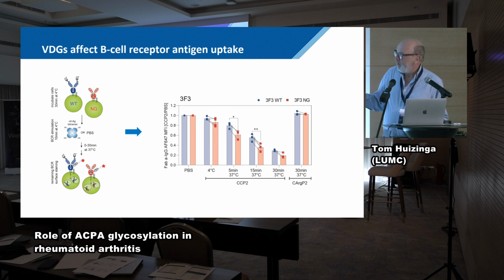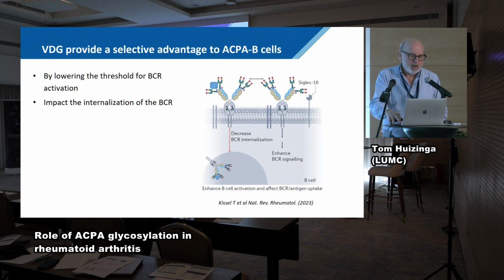But if you heat the cells up to normal temperatures, you can see there is a clear difference over here. So antigen uptake is also different. So I think I showed you an important thing. This V-domain glycosylation is important, both with regard to internalization, with regard to calcium fluxes, and phosphorylation. So it is really important over here.